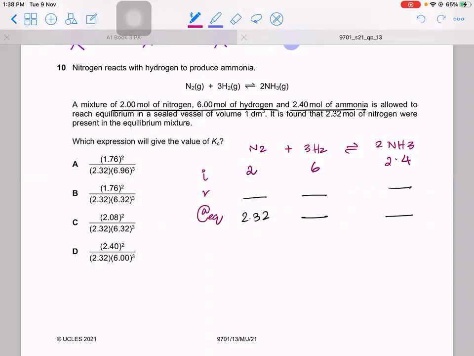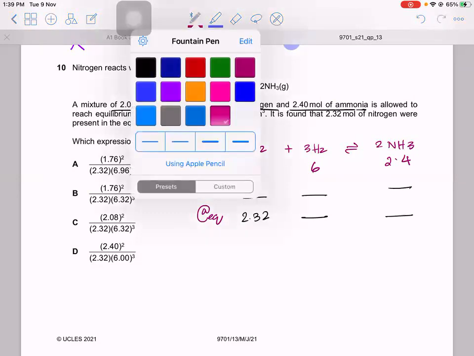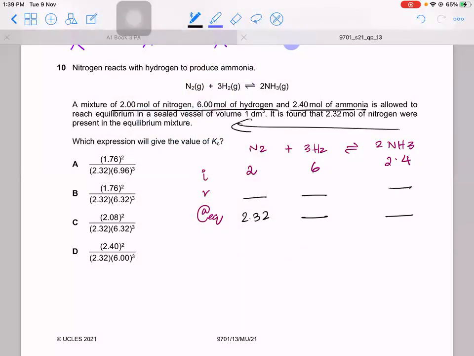Nitrogen initial was 2 and at equilibrium you have 2.32. So maybe the reaction is going in the backward direction where you are making more of this. How can you have more? So this plus this will give you 2.32. So this becomes 0.32.